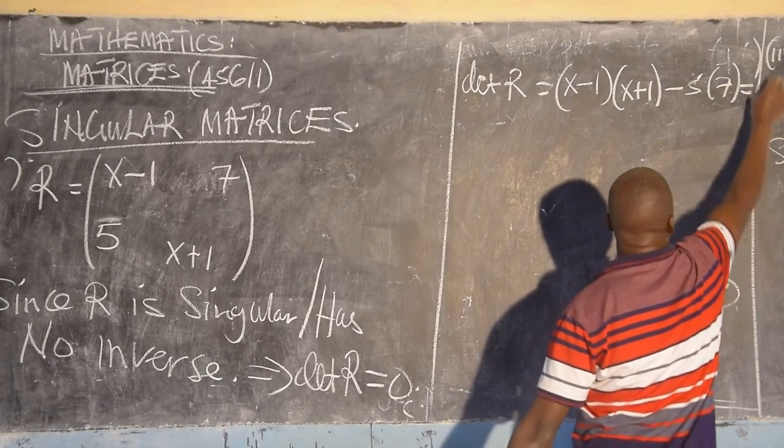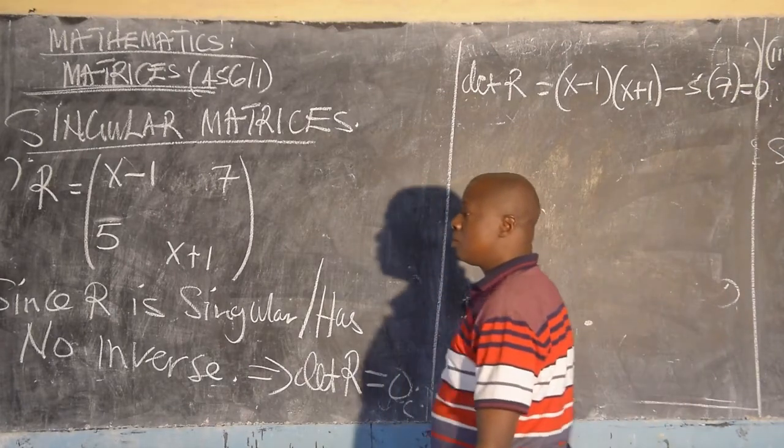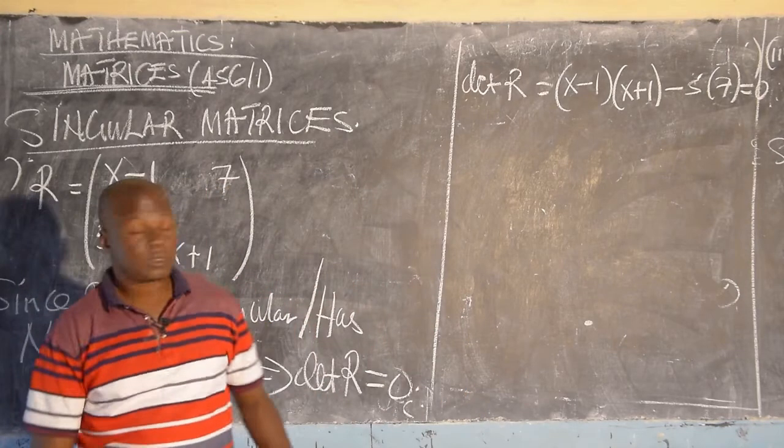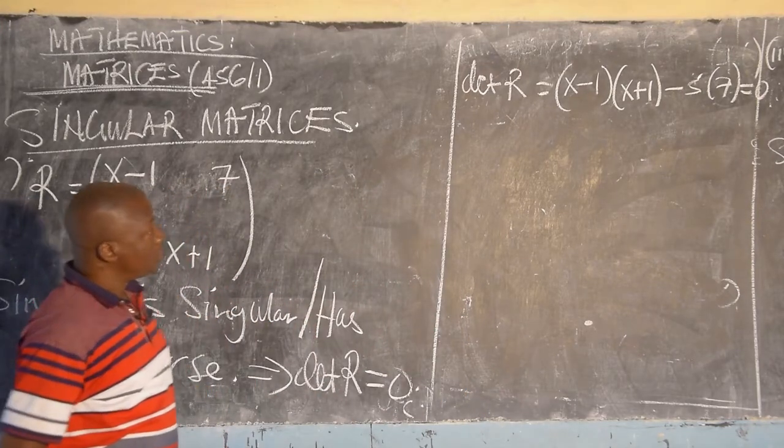This one gives a 0 because it is a singular matrix.